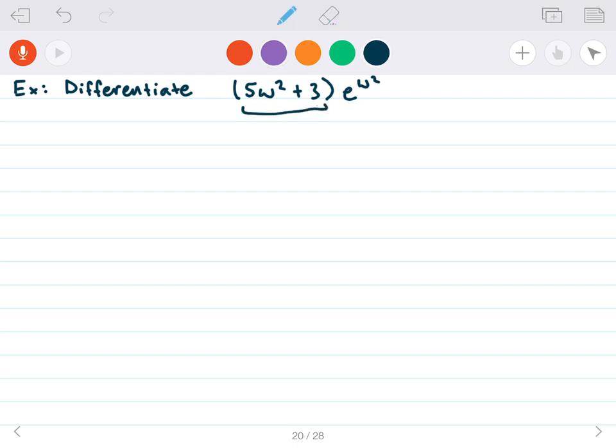So keep the first times the derivative of the second, and so let's just write it up. So the product rule, keep the first times the derivative of the second plus keep the second times the derivative of the first.